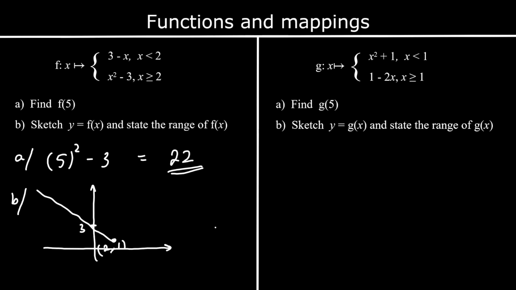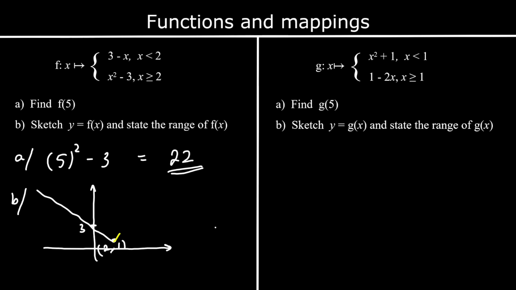Then afterwards, we've got x squared minus 3. When x is 2, x squared minus 3 is 1 as well. And that graph is a quadratic. So its minimum point is at 0.